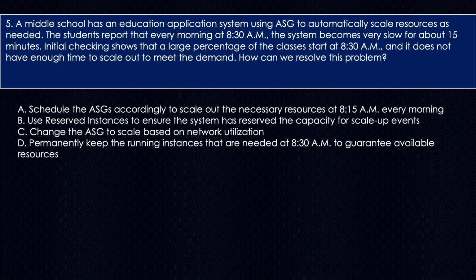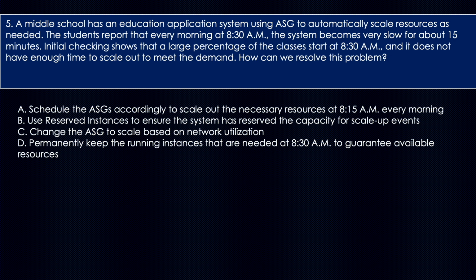5. A middle school has an education application system using ASG to automatically scale resources as needed. The students report that every morning at 8:30 a.m., the system becomes very slow for about 15 minutes. Initial checking shows that a large percentage of the classes start at 8:30 a.m., and it does not have enough time to scale out to meet the demand. How can we resolve this problem? A. Schedule the ASGs accordingly to scale out the necessary resources at 8:15 a.m. every morning.